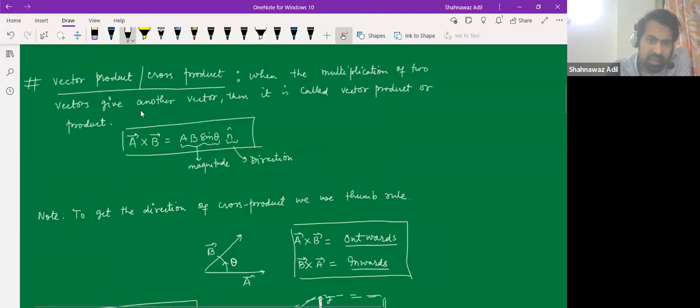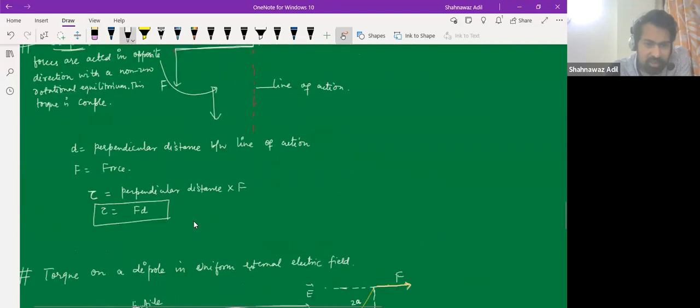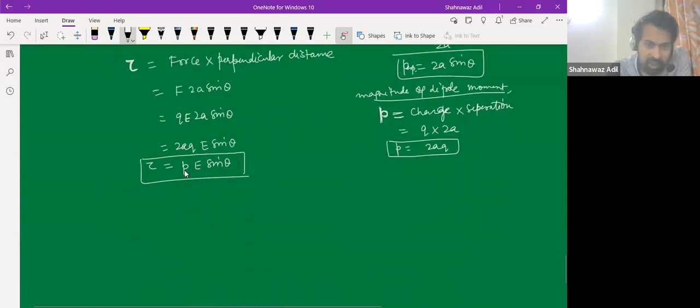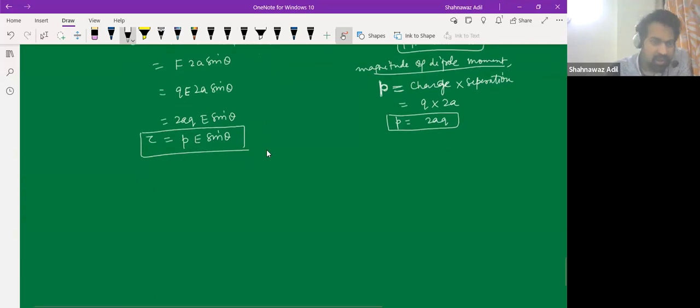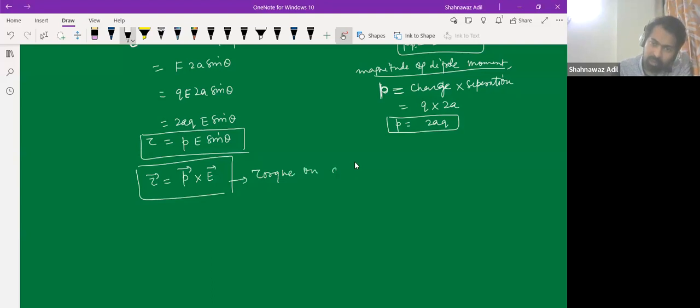That is the definition of cross product. So we are getting pE sine theta, where A is p and B is E. So AB sine theta is the cross product, and we will get the torque as the cross product of p and E. So this is the torque on a dipole in an external electric field. Is this clear to you?